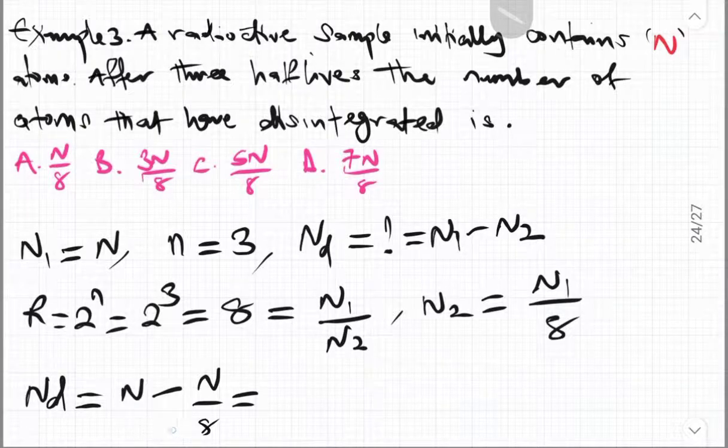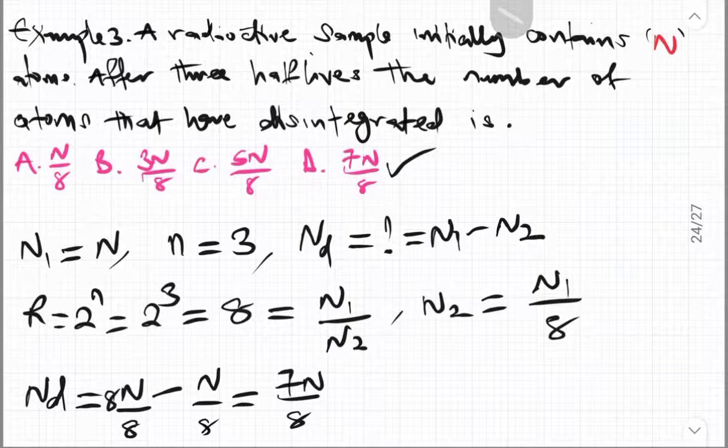So if we put in 8 here, we put in 8 here too at the top. So 8 over 8 is actually 1, so we just have 1 multiplied by N, which is still the same thing. So we now have the same base, which is 8. Then 8N minus N will be 7N. So option D is correct. Okay, so let's check out the next.